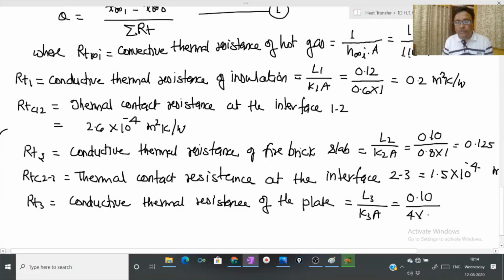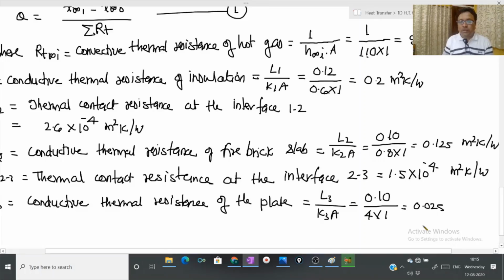And the value of area is 1. So it comes out 0.025 meter square Kelvin per watt.